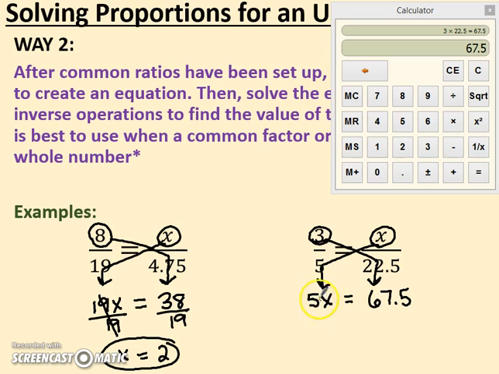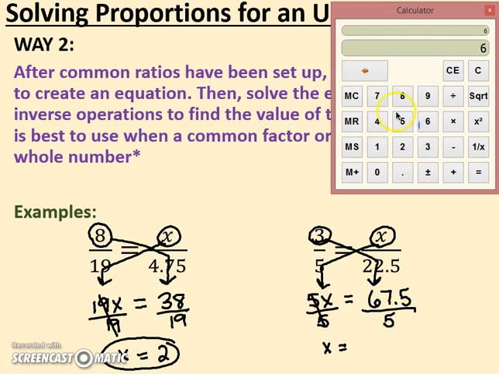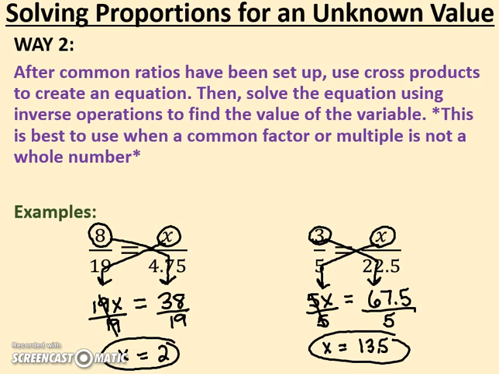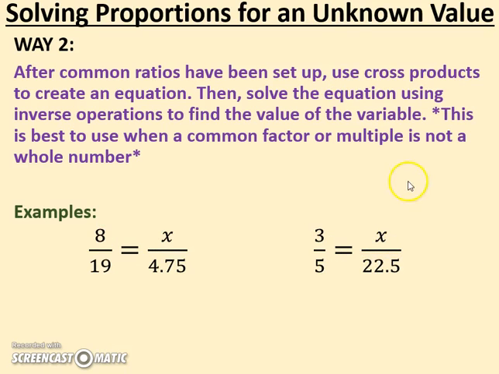But we do know that the opposite of multiplying by 5 is to divide by 5. 5 divided by 5 is 1, so 1x, or just x. But if we divide this side by 5, we have to divide this side by 5. So 67.5 divided by 5 is 13.5. So x is equal to 13.5. This is the only number that you could put there to make those two ratios equal.